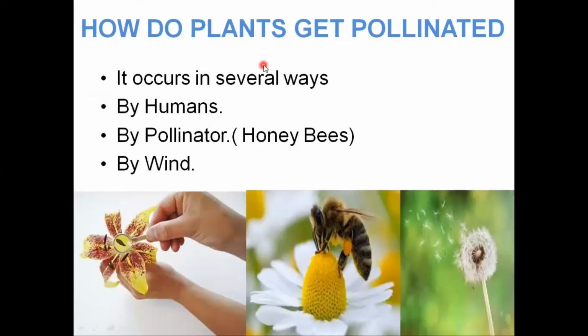Now we will see how plants get pollinated in several ways. By humans, pollen can be transferred using a brush from the anther of one flower to the stigma of another flower.